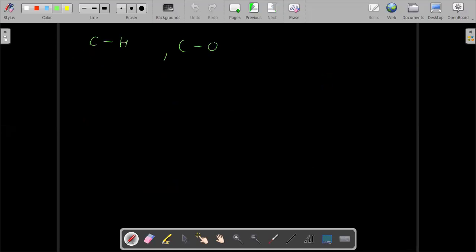Now see, if carbon tries to form a bond with hydrogen or with oxygen, do you think that carbon will be able to accept 4 electrons from hydrogen? The answer is no. Carbon cannot accept 4 electrons from hydrogen.